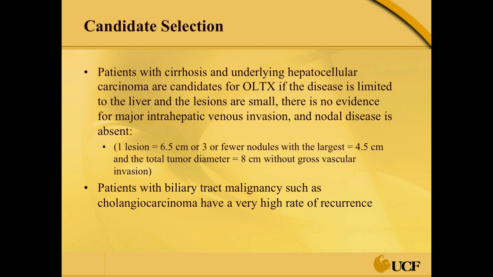And there has to be no evidence of major intrahepatic venous invasion and nodal disease, right? So if we break that down further: one lesion of 6.5 centimeters, or 3 or fewer nodules with the largest measuring no more than 4.5 centimeters and a total tumor diameter of 8 centimeters, without gross vascular involvement.